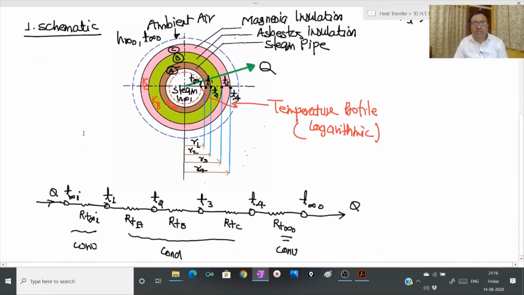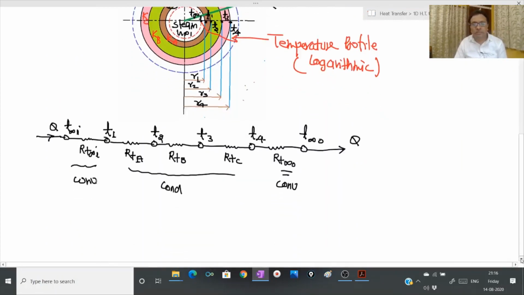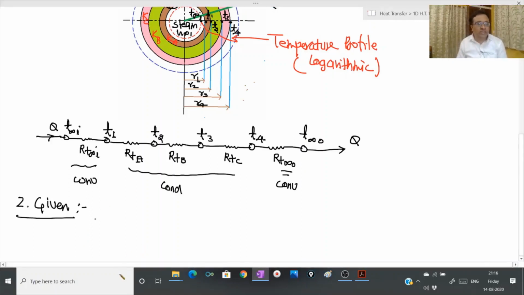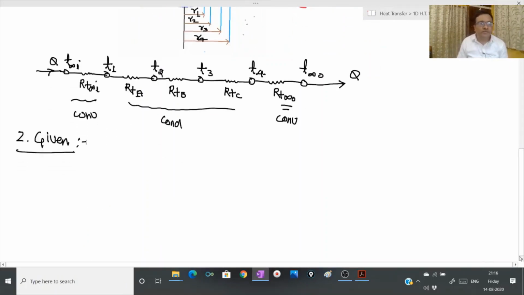Now let us enlist all the given things. So many data have been given here. So the very first data is given as the inner radius of the steam pipe.